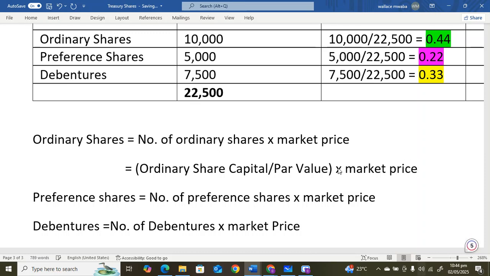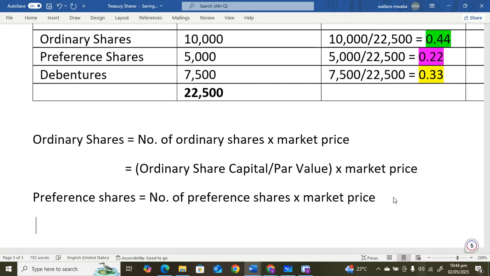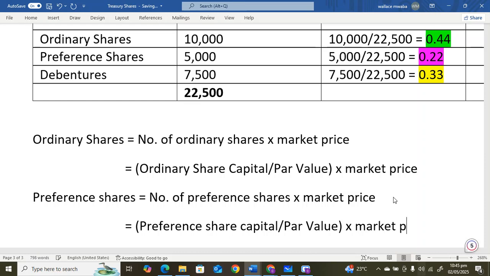Similarly, with preference shares, it's the preference share capital divided by the par value or the nominal value or the book value of the preference shares times market price.